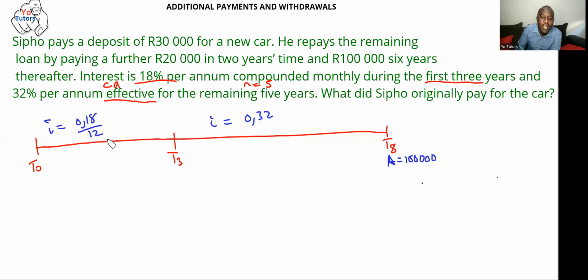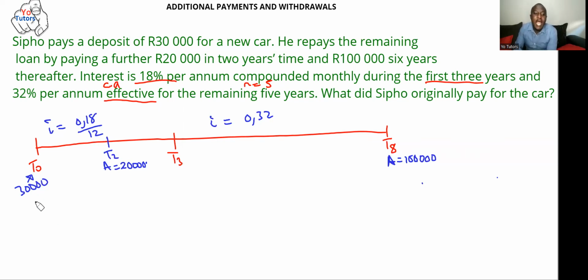So after 2 years here, we see that T2 accumulated there was actually 20,000, meaning whatever amount was paid there accumulated to 20,000 after 2 years. What about the 30,000? The 30,000 was deposited at T0, so that one we're just going to need it here. So it's going to be just 30,000 deposited there.